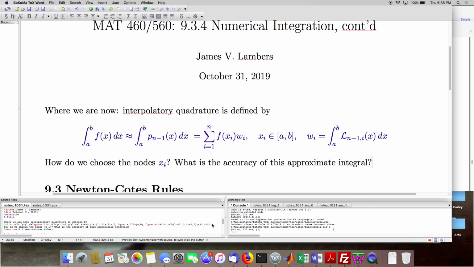In the case of polynomial interpolation, we do have an error formula. So we will use that to come up with an error formula, as was done for numerical differentiation. It'll be useful for numerical integration as well.